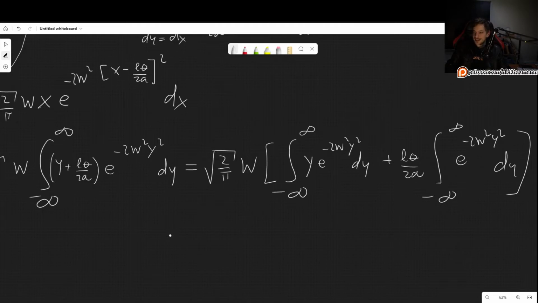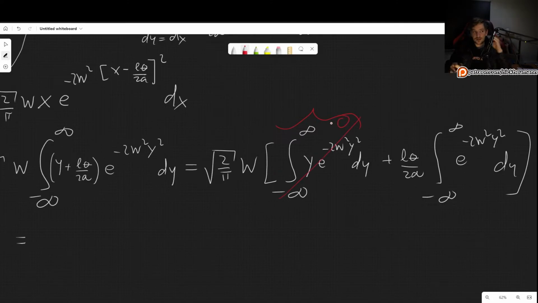Now, these integrals are very simple to solve. Why? This one is an odd function over an even domain. It goes from minus infinity to infinity. It's a symmetric domain and an odd function, so the integral of this is 0.